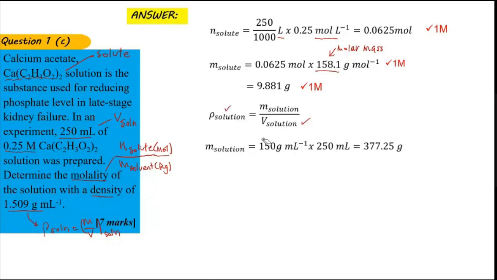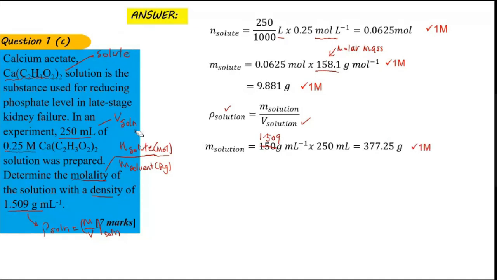Okay, so density 1.509 gram per ml given here. 1.509 gram per ml. And volume of solution is this 250 ml. So upon cancellation of units, per ml and ml cancel, leaves behind gram. So this is mass of solution.